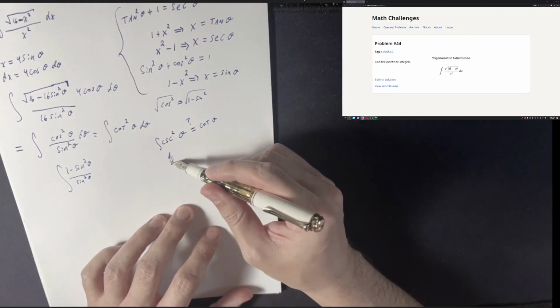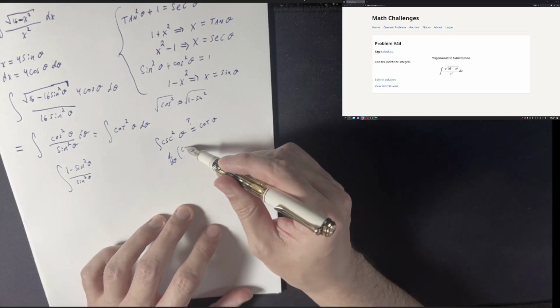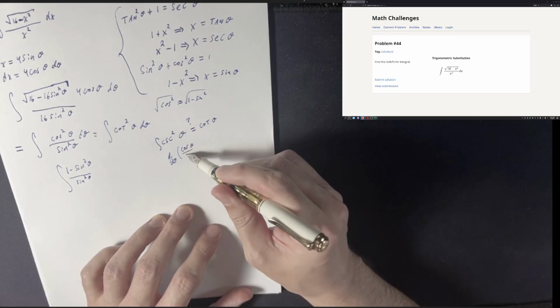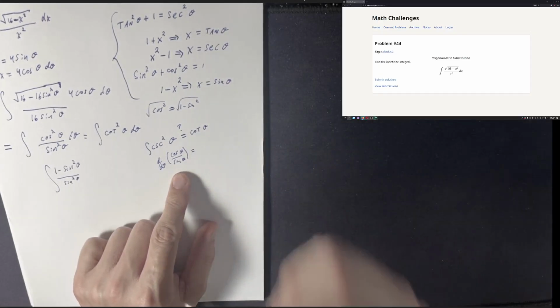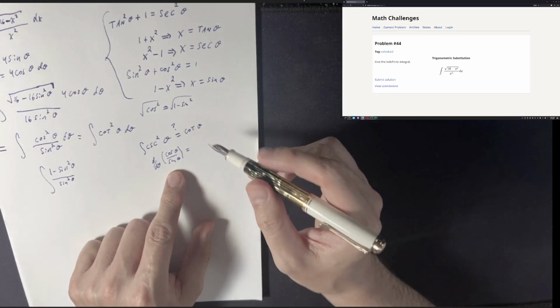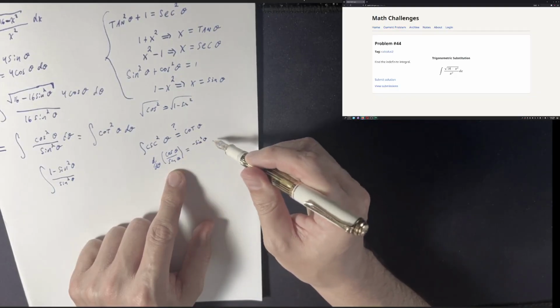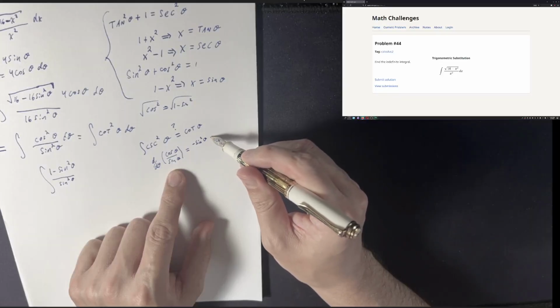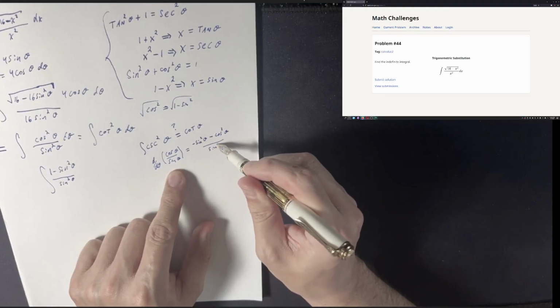If we differentiated cotan, with a quotient rule, you'll get the derivative of the top times the bottom minus the top times the derivative of the bottom over the bottom squared.